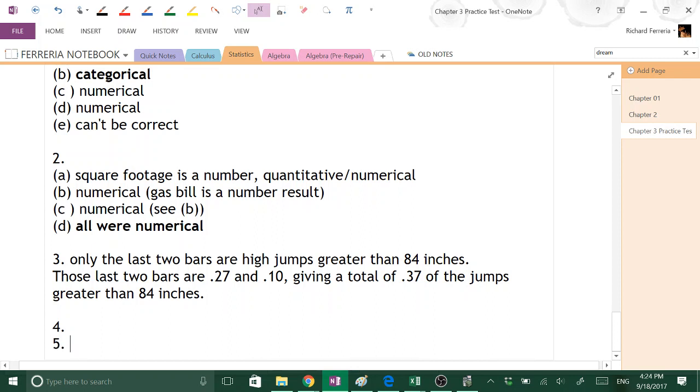Question 5. Which of the following is true? The number of burglaries in each month in 1988 is lower than the number of burglaries in each month in 1989. What's the smallest number of burglaries in 1989?